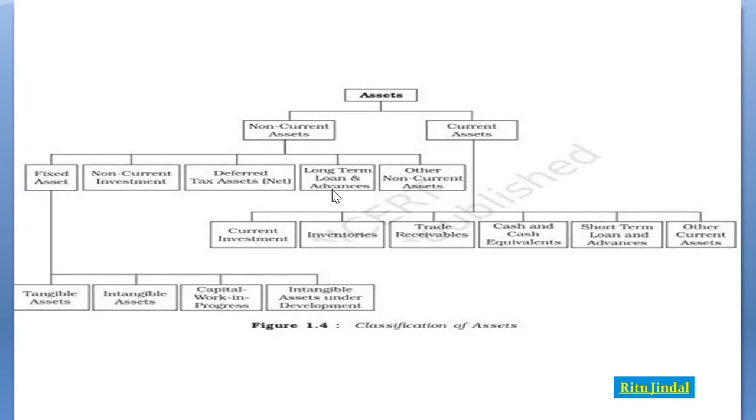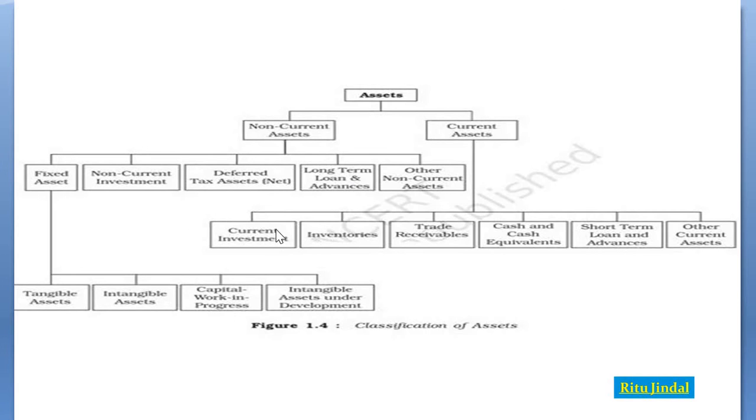If we have given the loans to another persons for long time periods, means for more than 12 months or for more than operating cycle. Other non-current assets, others extra जो इन किसी भी head में नहीं आए वो others में आ गए, others non-current assets. Meaning of operating cycle we will discuss later on.